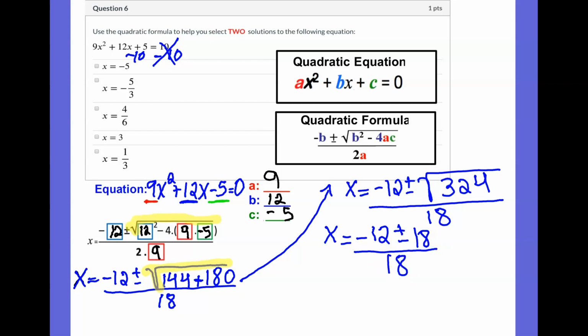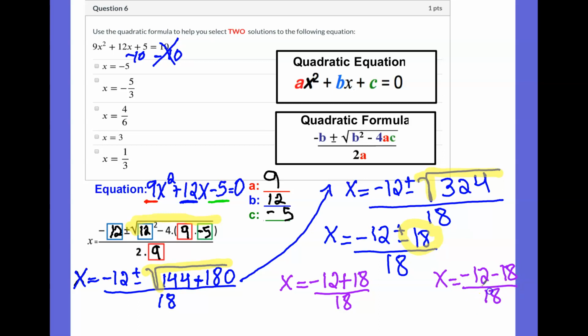So we did the square root, which is 18. Now I'm going to set up two equations, one that will be plus 18 and one that will be minus 18. So now I have x equals -12 plus 18 divided by 18, and x equals -12 minus 18 divided by 18.